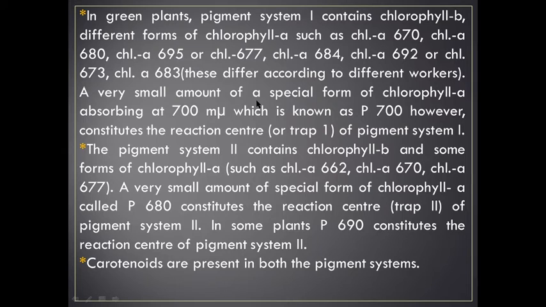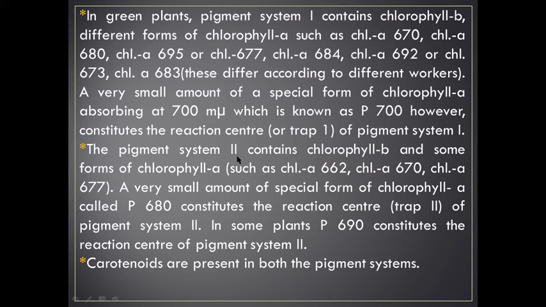A very small amount of a special form of chlorophyll A absorbing at 700 nanometer of light, which is known as P700, however, constitutes the reaction center of pigment system first.